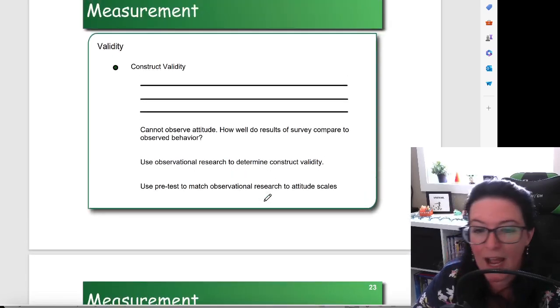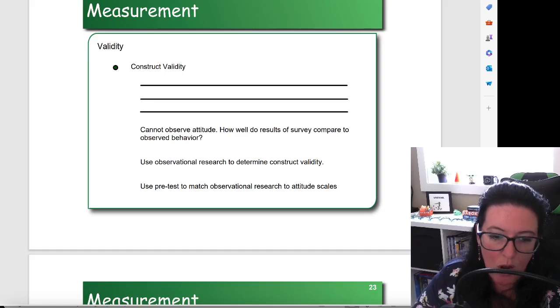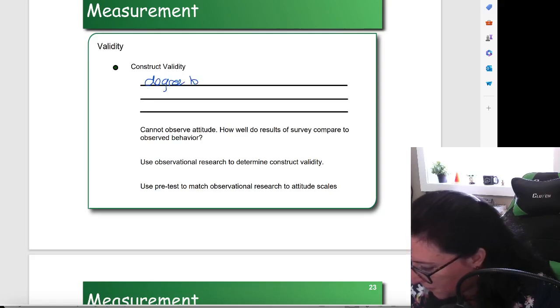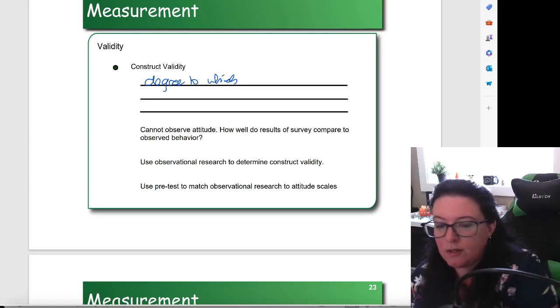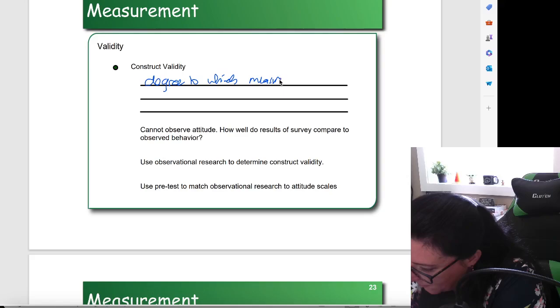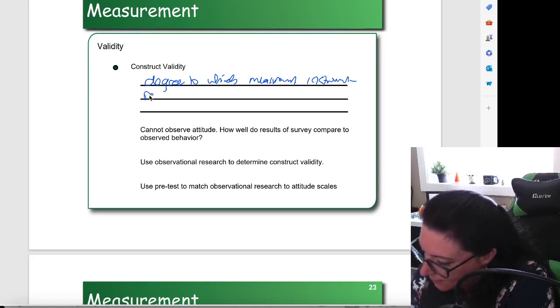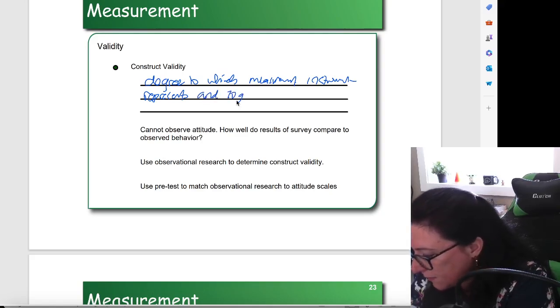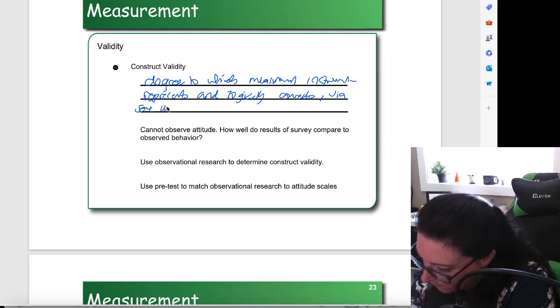So then we're going to look here at construct validity. So construct validity is the degree to which the measurement instrument represents and logically connects via some underlying theory the observed phenomenon.